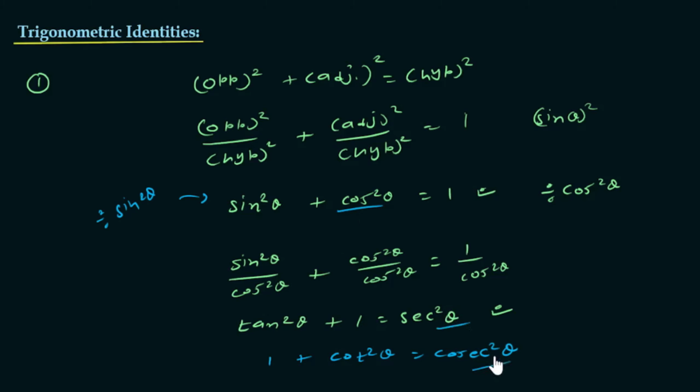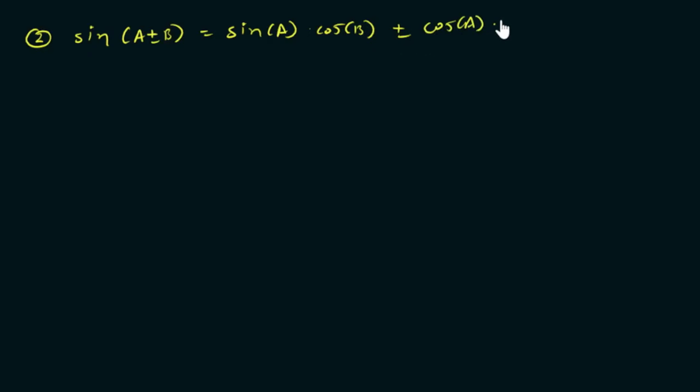After that, our next trigonometric identity is sine of a plus or minus b equals sine a into cos b plus or minus cos a into sin b. Now let us put a equals b equals theta for sine of a plus b.